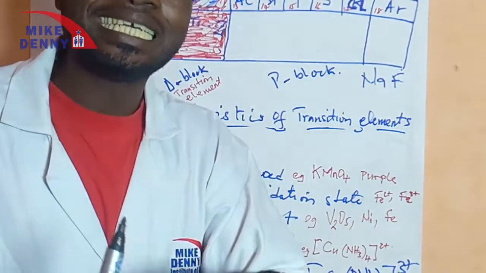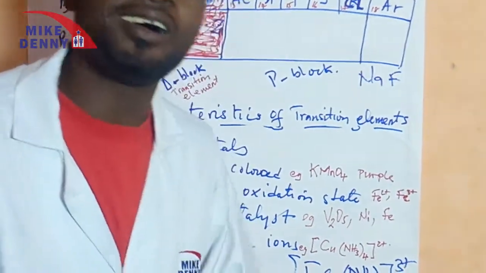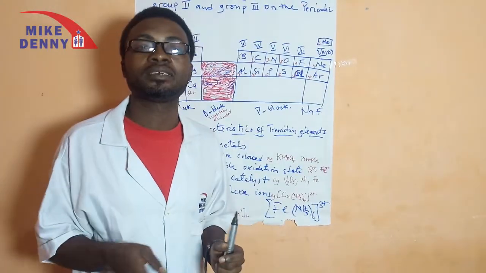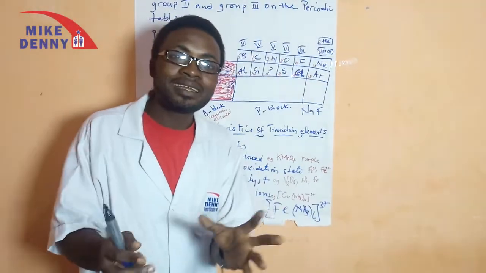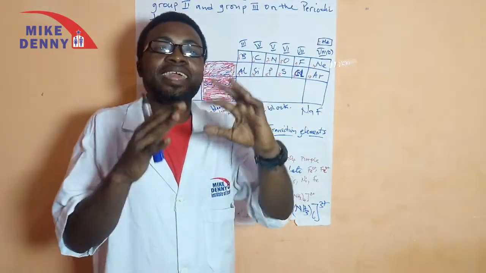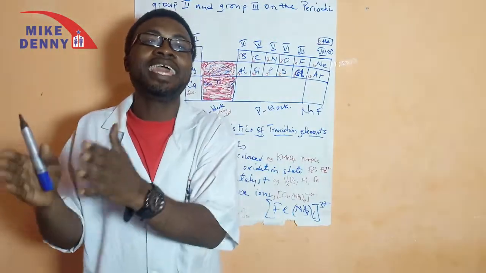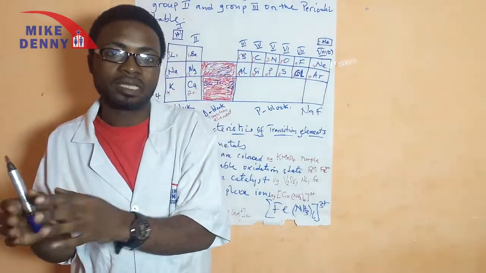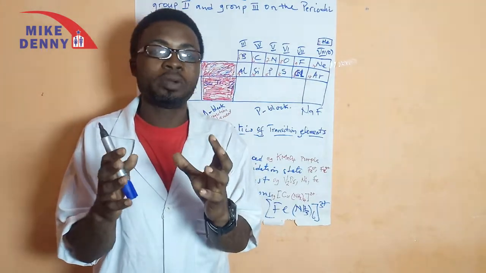A catalyst is a substance that changes the rate of a chemical reaction. It makes the reaction go faster. We have nickel. Nickel also acts like a catalyst where we are reacting ethene plus hydrogen to give ethane. That is the production of alkane. That is under organic chemistry. When we get to that, we'll learn more about it.